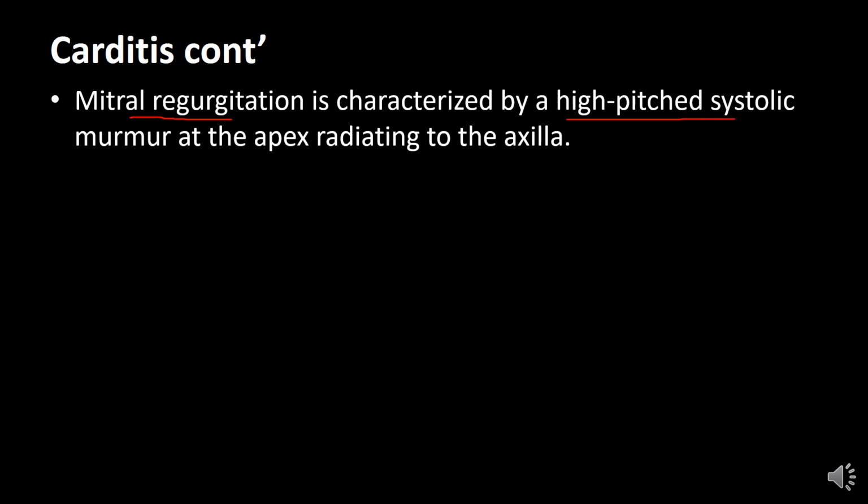When you remember your examination of the CVS, we know that the apex beat corresponds to the mitral valve. So if you pick a murmur at the apex beat, it is telling you about what is happening at the mitral valve. And then we have the other auscultatory centers of the heart, areas that you need to know.